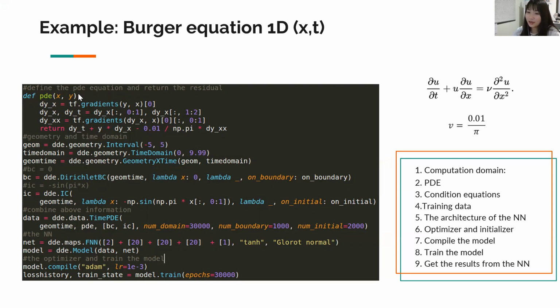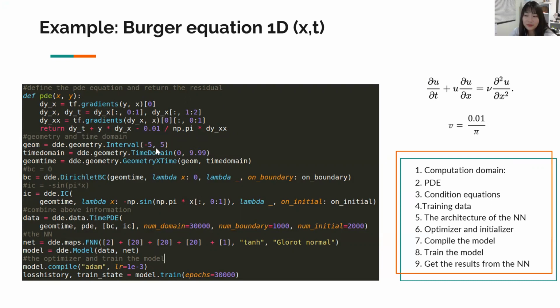The y is the same, it's just the output of my neural network, which is the u in the equation. So it's partial u over partial t plus u times partial u over partial x equals the left-hand side of the equation. Here I just define my PDE and my x.